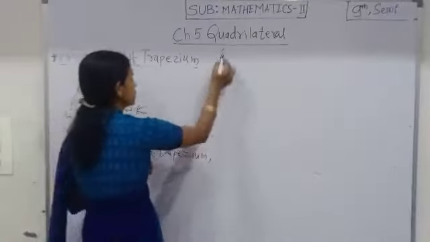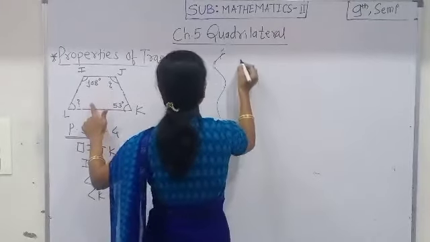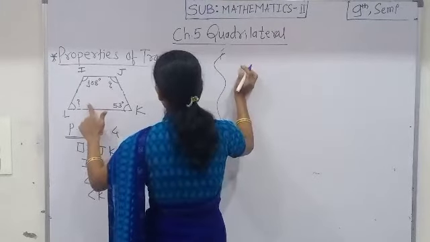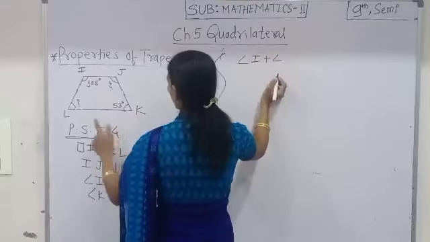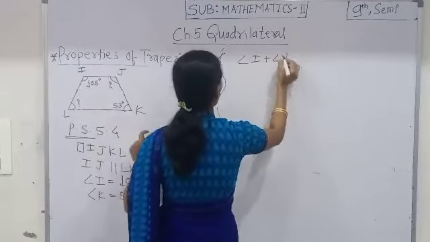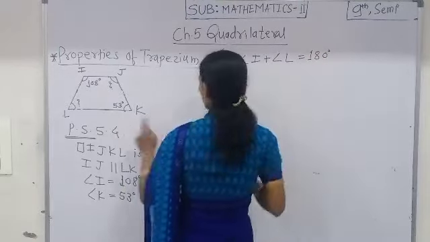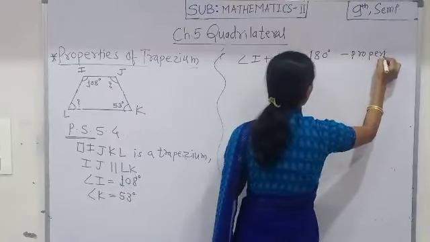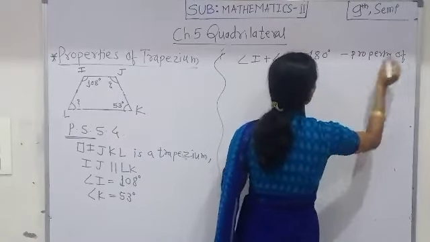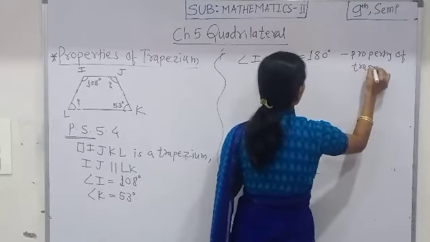Then see here, all of you studied about that. In a trapezium, angle I plus angle L is equal to 180 degrees. That is the property of trapezium.